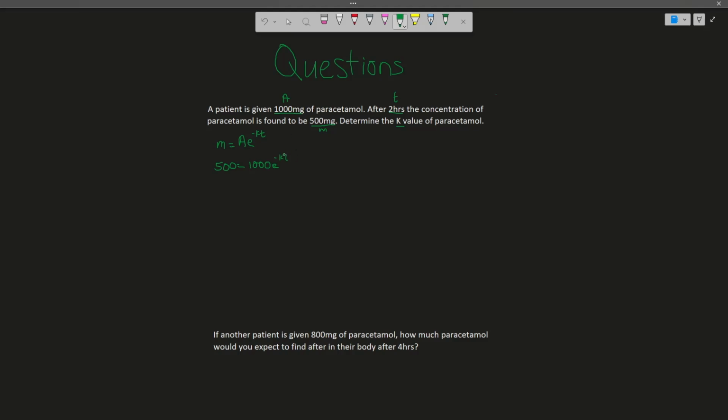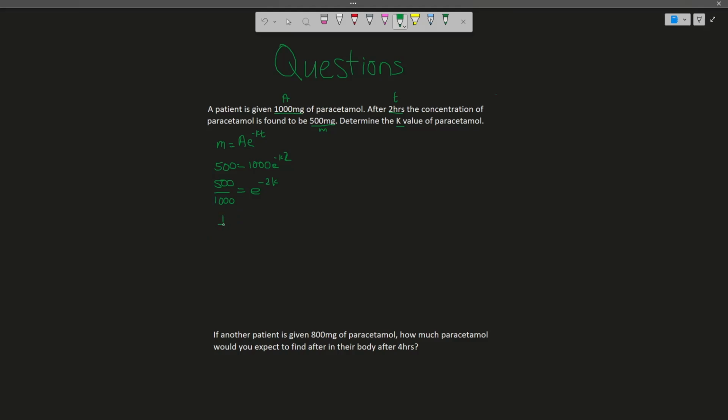Sorry, not t. Negative k times 2. We start by moving the 1000 to the other side. So we get 500 on 1000 equaling e to the power of negative 2k, so it's easy to read.